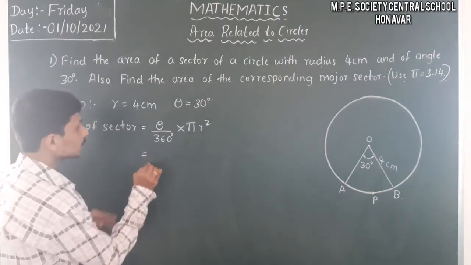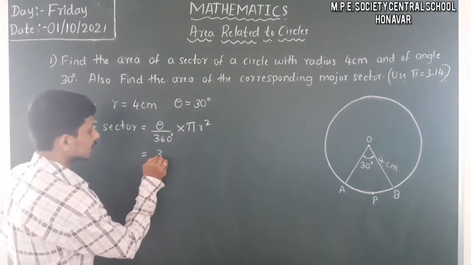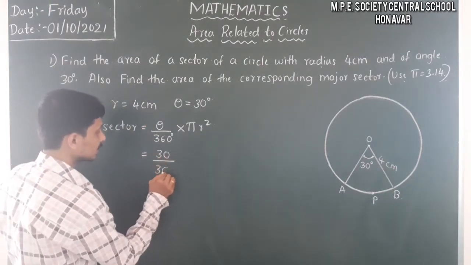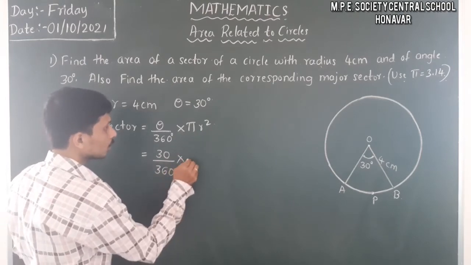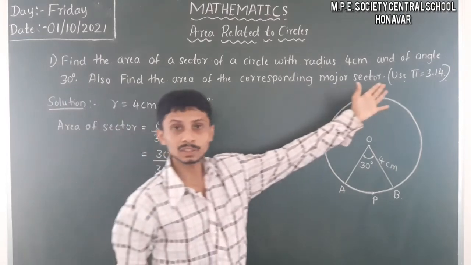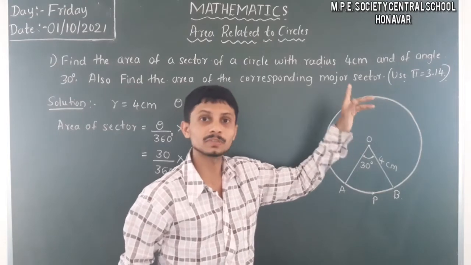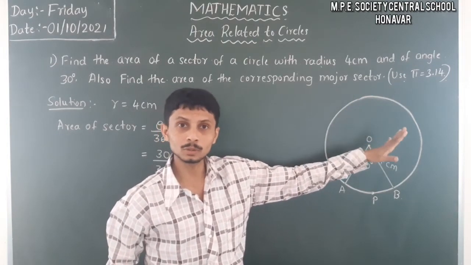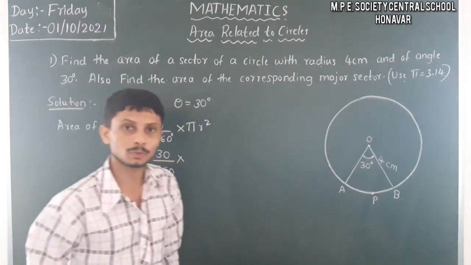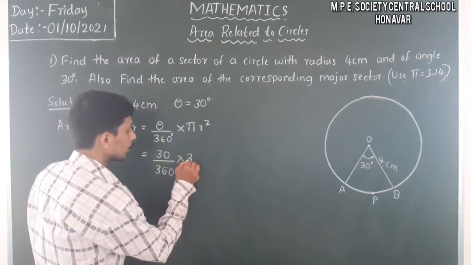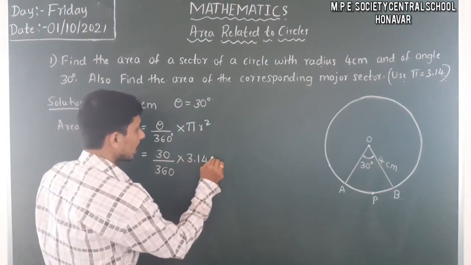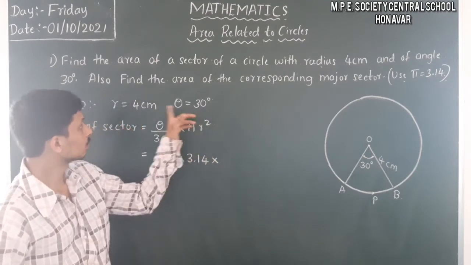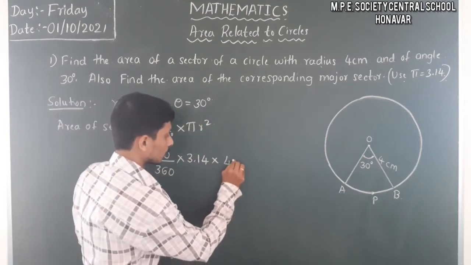Yes. Let us substitute all the values here. Theta is 30 degree and it is 360 degree, into pi. The value of pi is given as 3.14, that one only we have to use. If it doesn't give any value, then you can use 22 by 7. Since it is given as 3.14, substitute 3.14, and r square is 4 into 4.